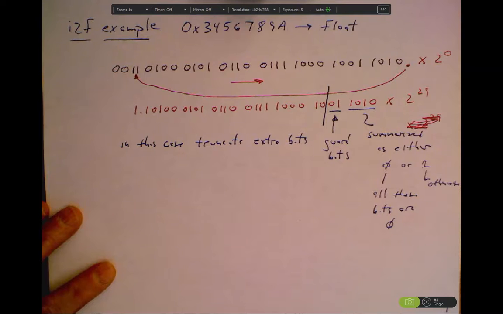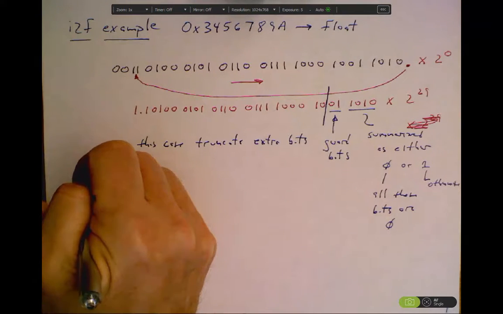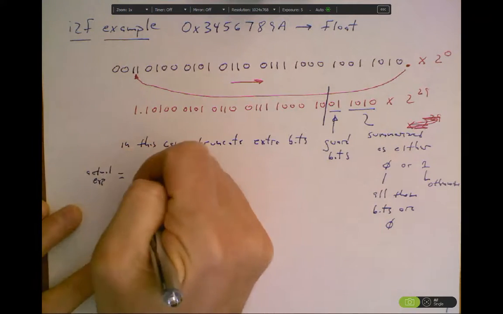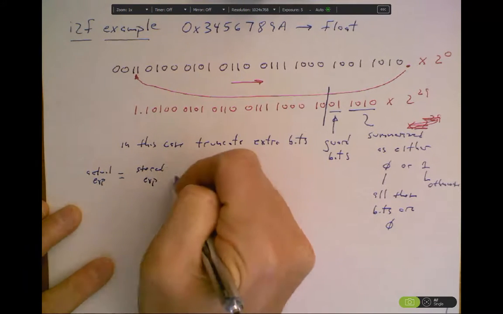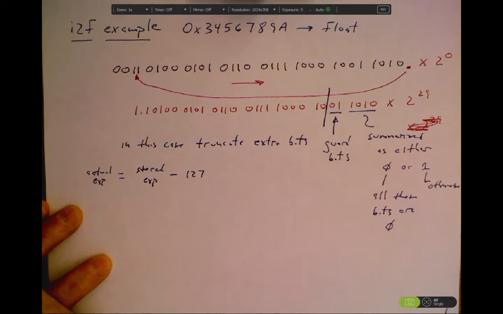What do I have to do now to pack this number into an IEEE single precision value? Well, first thing is I've got to figure out what the exponent is going to be. Again, if you remember, the formula is the actual exponent equals the stored exponent minus the bias amount, which for single precision is 127.